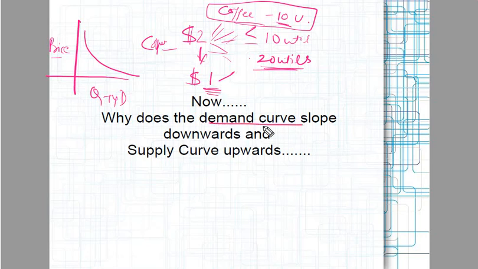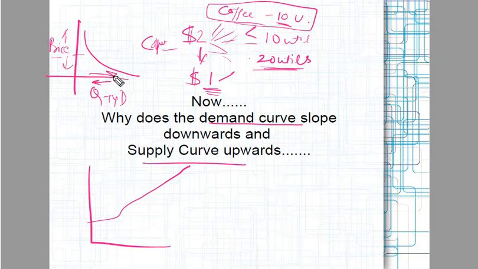So the demand curve slopes downwards and the supply curve upwards. The reason that is the case: let's talk about the demand curve. If the price increases, less of the commodity is bought, and if the price decreases, more of the commodity is bought. Similarly, more suppliers are willing to supply if the price increases from P2 to P1.